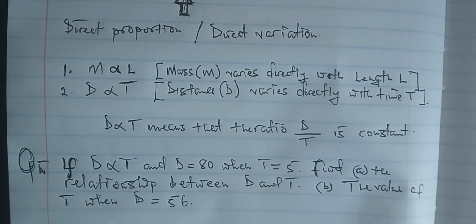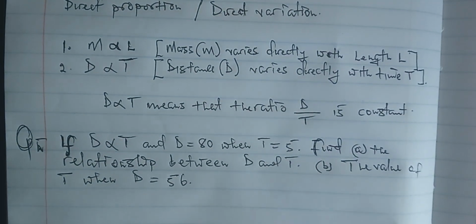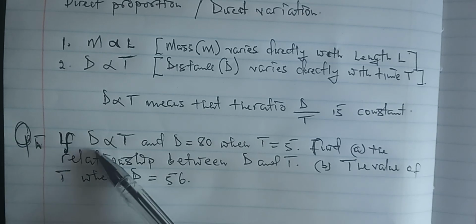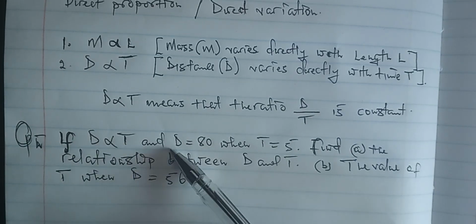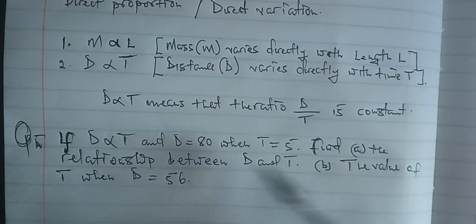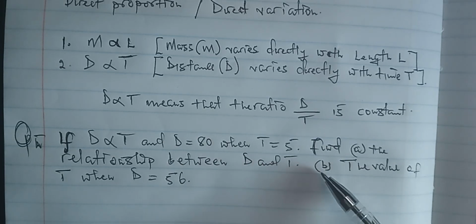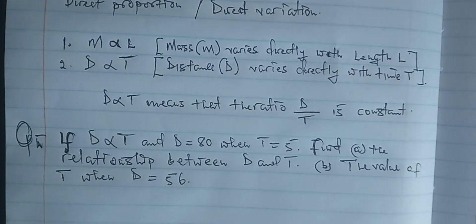And if we look at the question here to illustrate the topic of direct variation, it says: if D varies with T and D is equal to 80 when T is equal to 5, find the relationship between D and T, and in part B, the value of T when D is equal to 56.